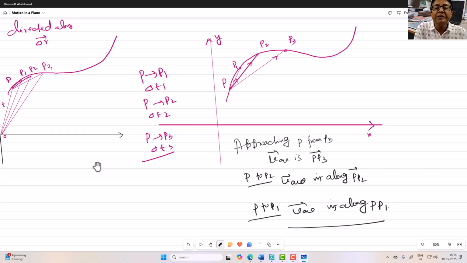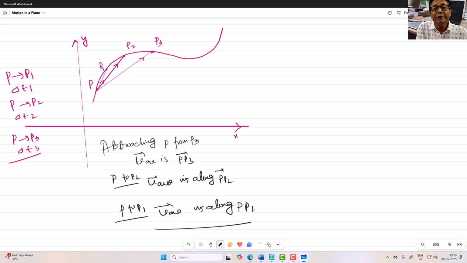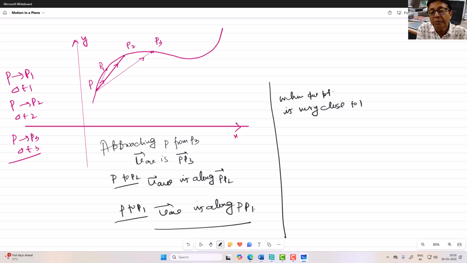Gradually, you are tending to the point P from any other point, when that point is very close to P. Here the time was delta t3, which is very large.